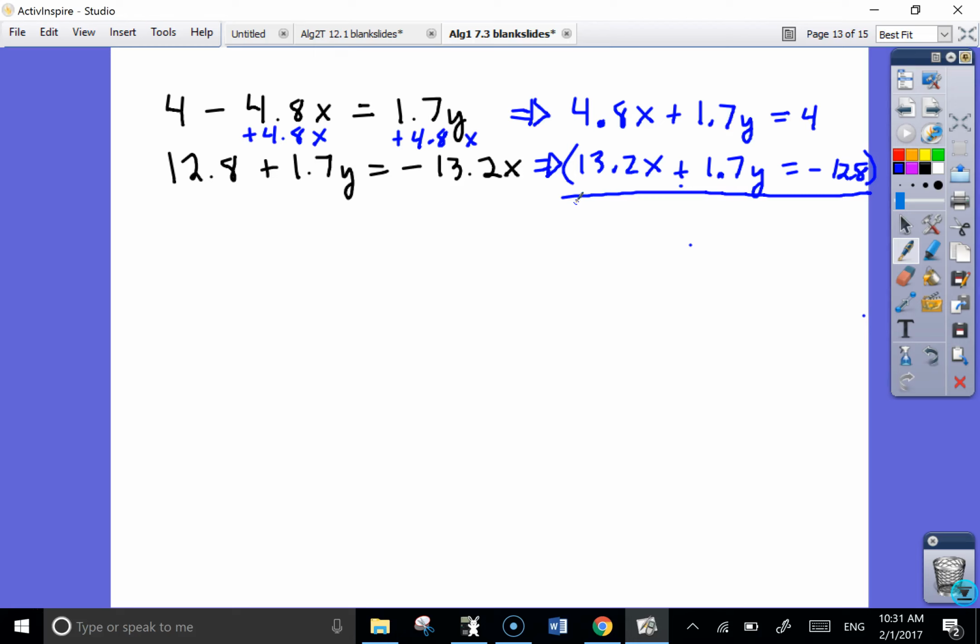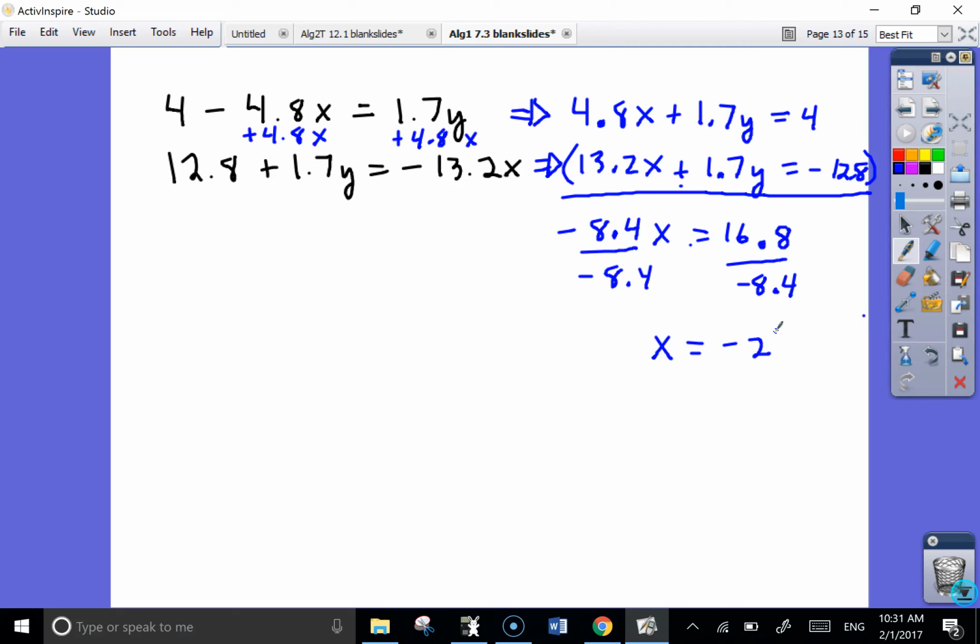I think that's going to be negative 8.4x equals 4 minus negative 12.8, which is positive 16.8. Divide by negative 8.4. x equals negative 2.